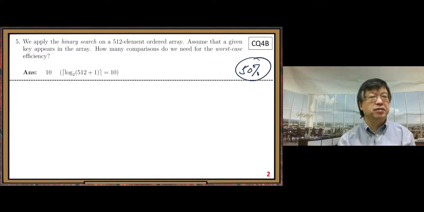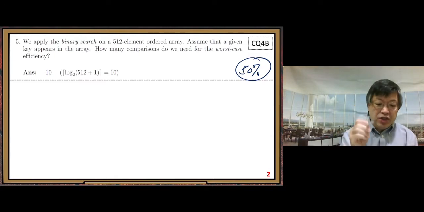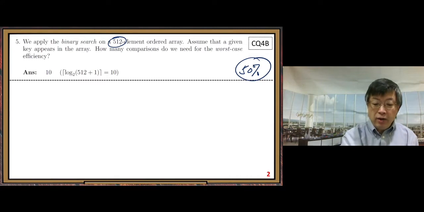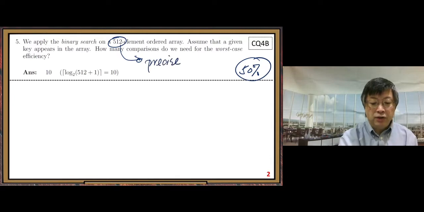Very high. So here, what I ask you is the precise formula. Usually when I give you a specific number, I expect a precise answer, not an approximate answer.